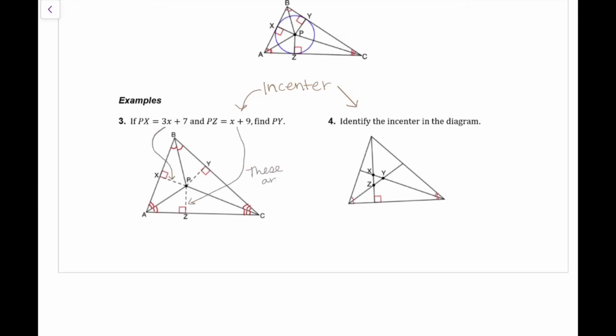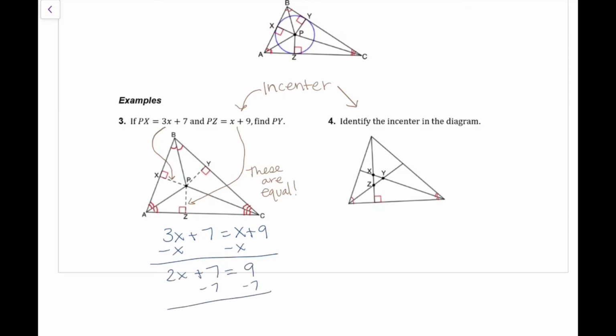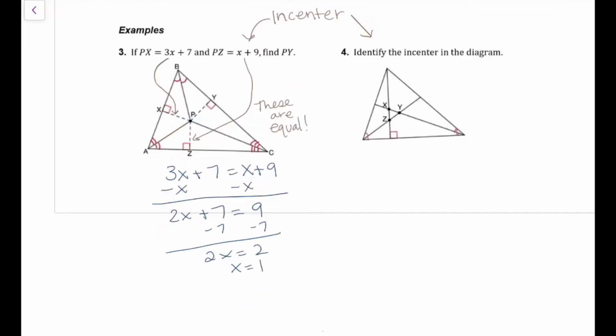So we're going to set up an equation where we set them equal to each other. We subtract x from both sides and we get 2x plus 7 equals 9. We subtract 7 from both sides. 2x equals 2, and so x equals 1 when we divide both sides by 2.